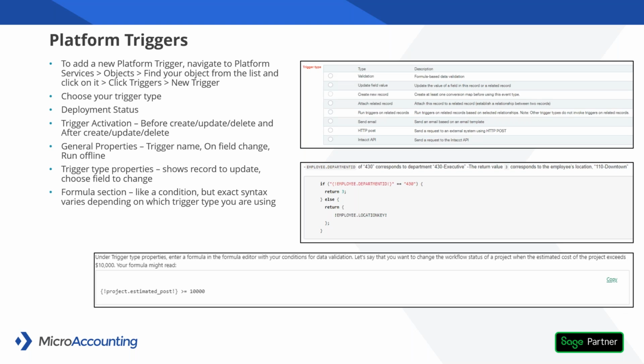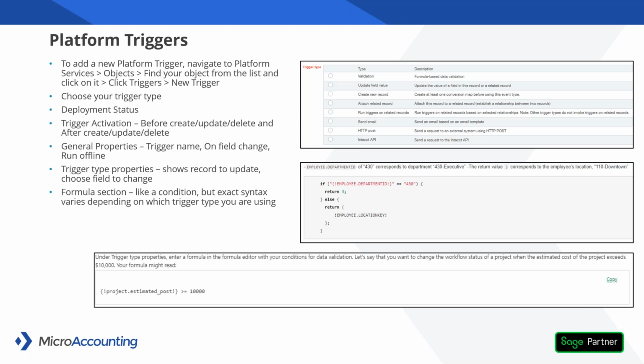Once you have all of your different settings and field options configured for your platform trigger, and you enter your formula, the next option would be to either save, or if you want to, do the debugging option. The debugging option is going to check your formula against a record that you select in Intacct.